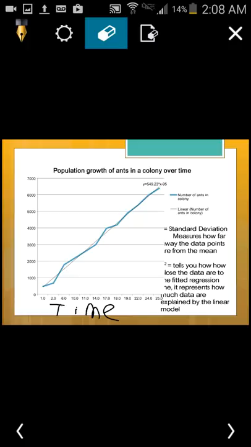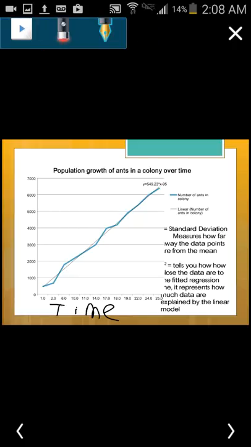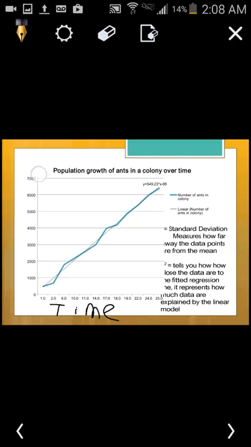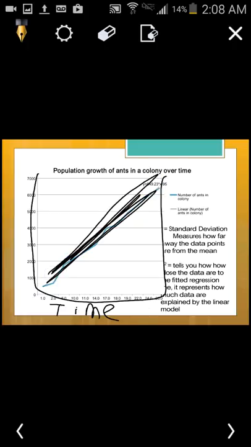So moving on, standard deviation measures how far away the data points are from the mean. So in a normal curve, and this has nothing to do with the graph I'm drawing on, just pay attention to what I'm doing here and ignore this little part right here.